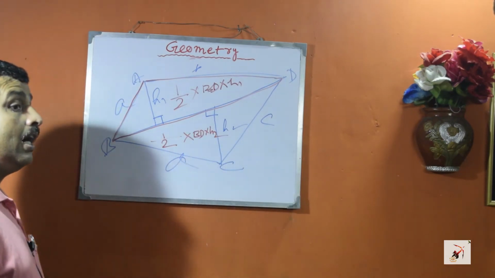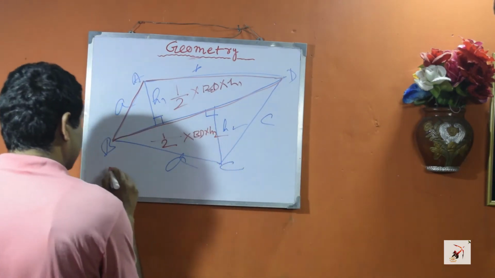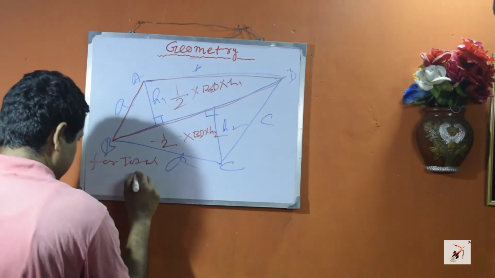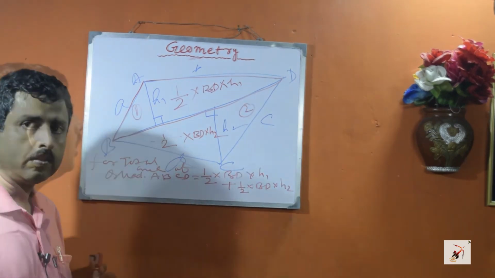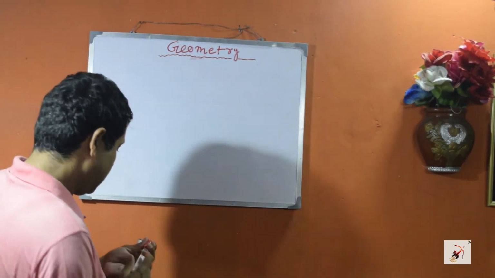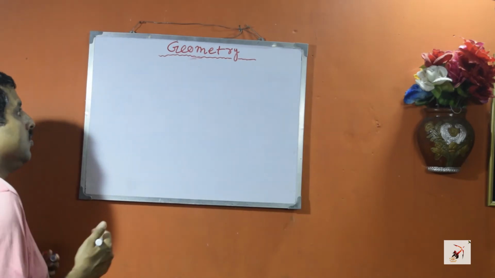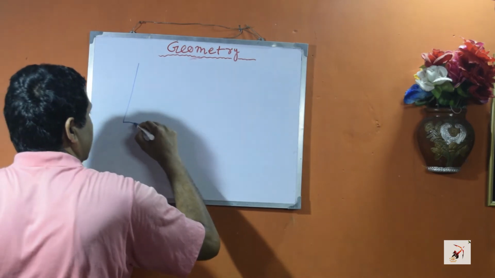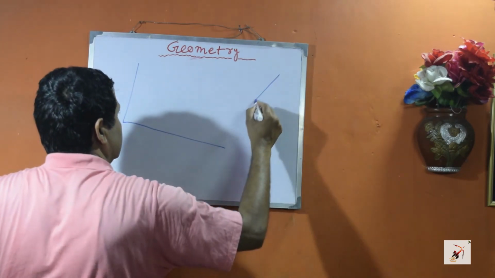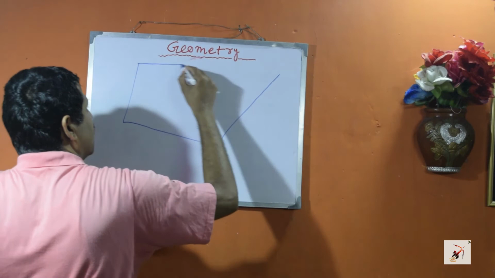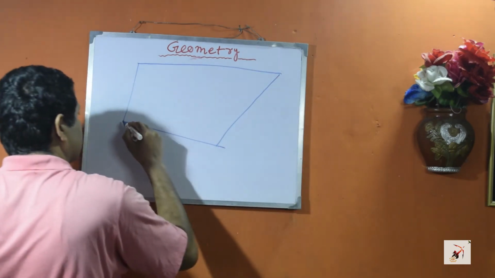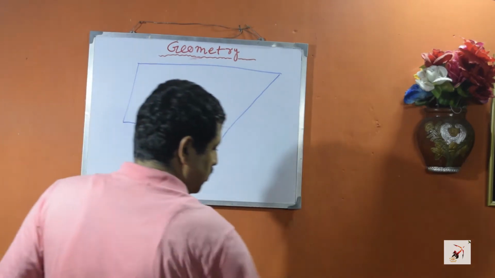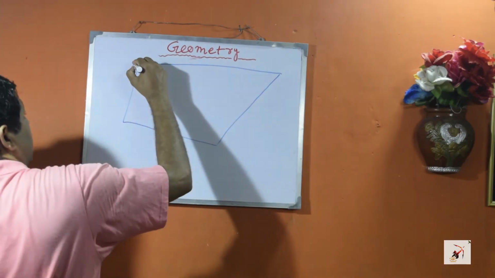So the total area of this quadrilateral, now area of a quadrilateral like this, when the lengths of the sides are not equal. So this is a quadrilateral whose sides are not equal to one another.